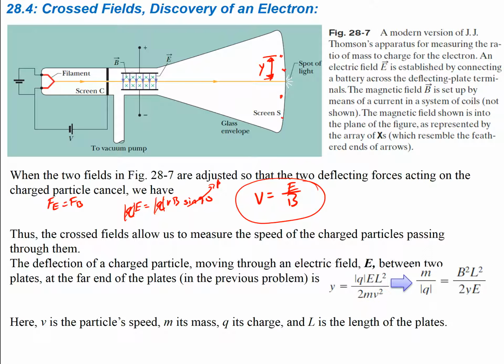Rearranging this and combining it with our magnetic field, we can find the mass to charge ratio, which is m/q = B²L² divided by 2yE. Here v is the velocity of the particle, m is the mass, q is its charge, and L is the length of the plates.